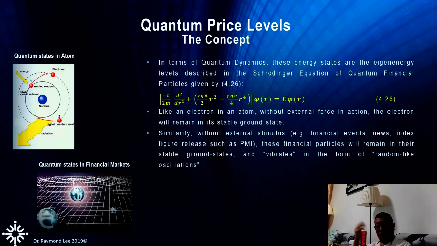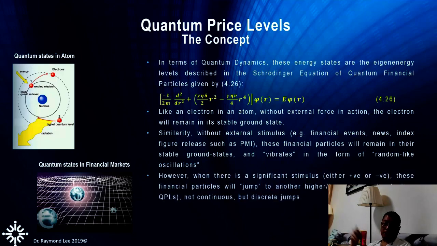So without these external stimuli, all these financial particles are vibrating, just like a random kind of oscillation, corresponding to the ground state, until they have some external stimulus, and then it will jump from one energy level to another one.